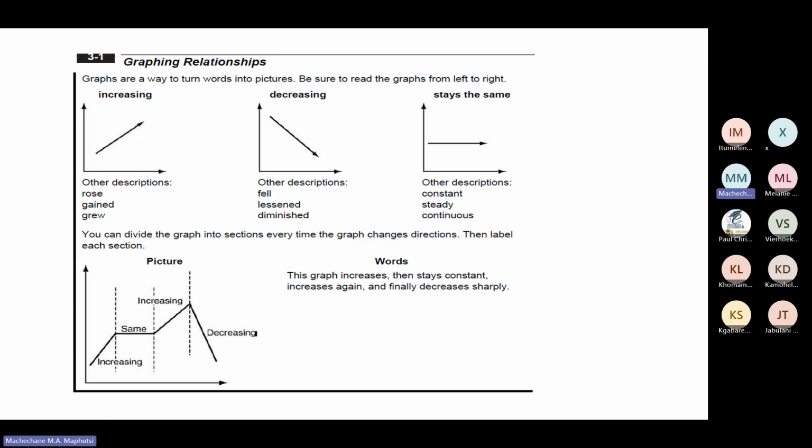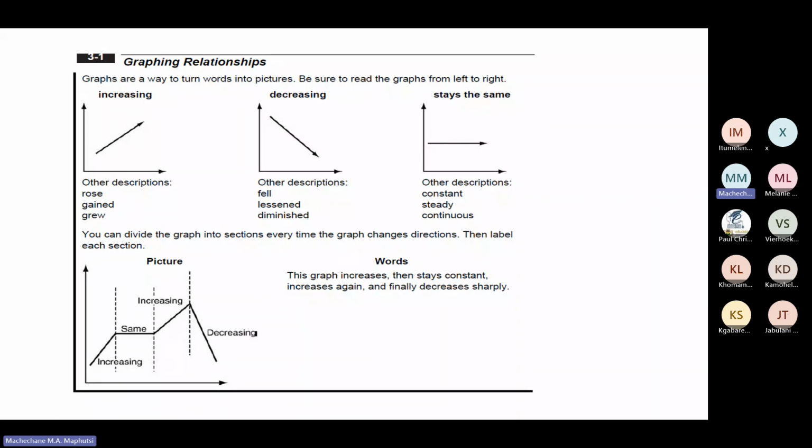What does that line mean? If I read it from left to right, it is moving upwards. So if something from left to right is moving upwards, it means it is rising, or it is gaining momentum, or it is increasing.